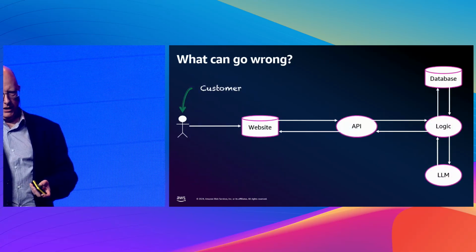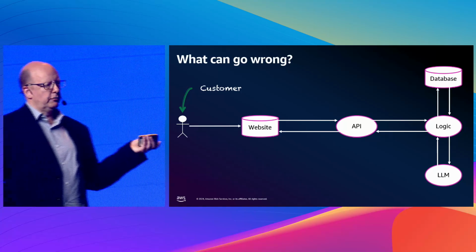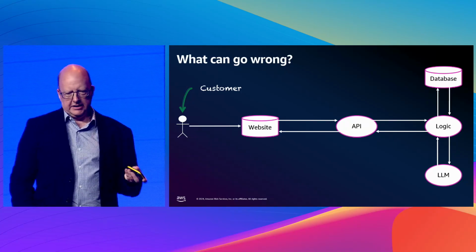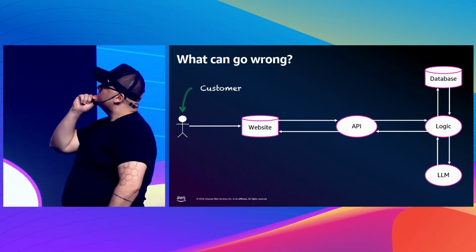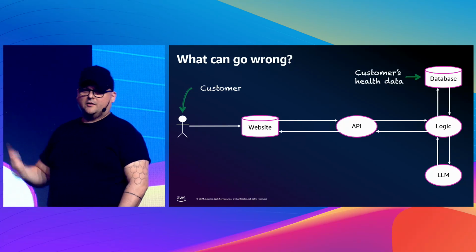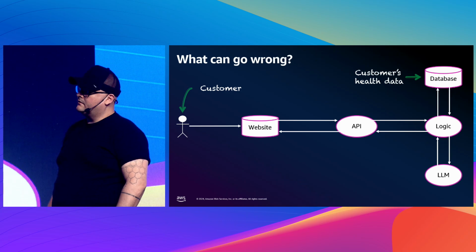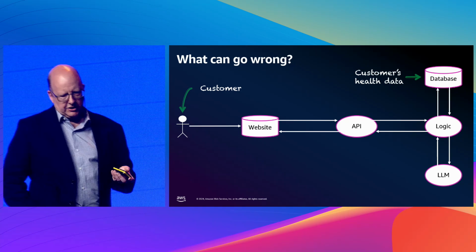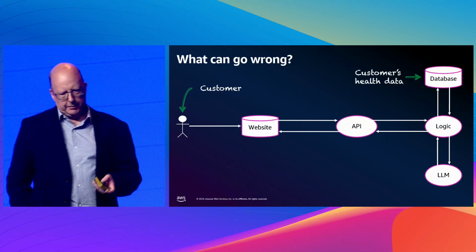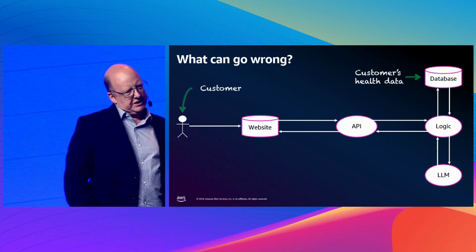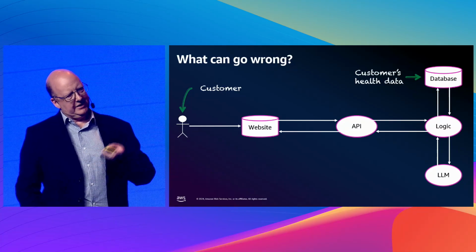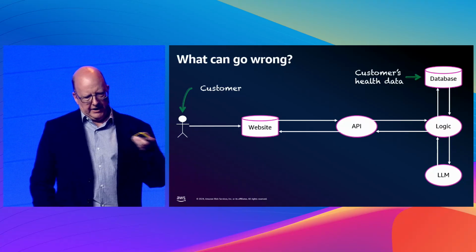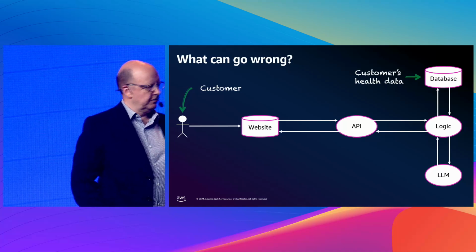So let's think about what could go wrong. So John, can you tell me what the most important component of this application is, especially in terms of confidentiality? I would say that would be the database, because all the health information is stored there. Okay, so from what I can recall, having had that discussion with you, the database gets queried by the business logic, which takes the customer's prompt, it asks the LLM to generate some SQL query, and then it passes that to the database for some results to be returned.